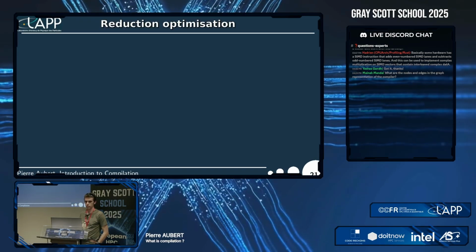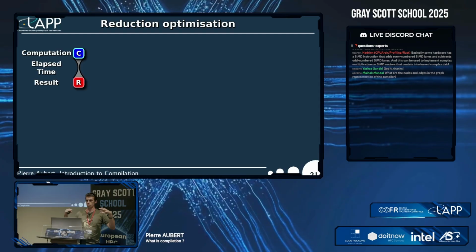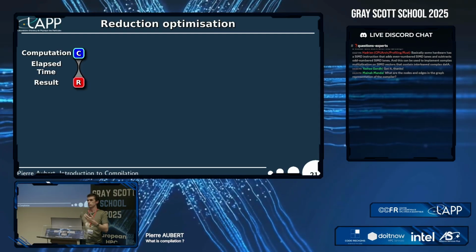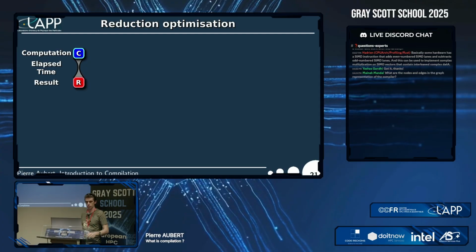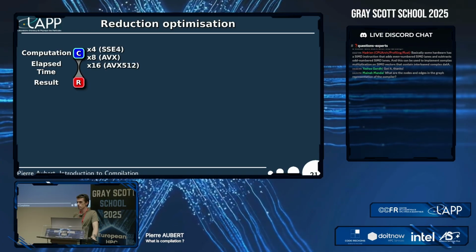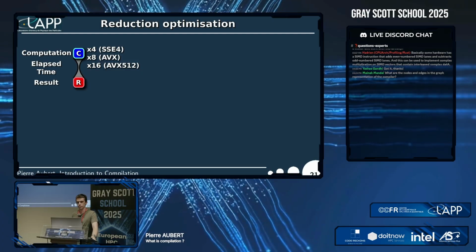Basically, once you do a reduction, you do some computation and you have an elapsed time inside the processor, and you have to wait until the result can be used again. That's a latency, if you want, by the hardware. So you can vectorize, no problem, but you still have to wait until the result is reachable.